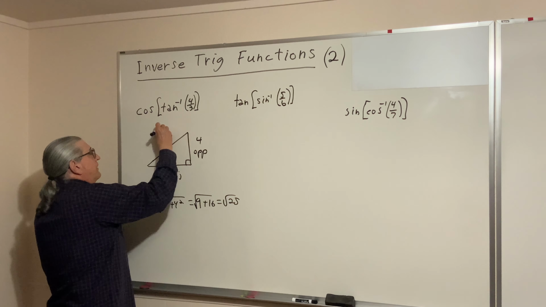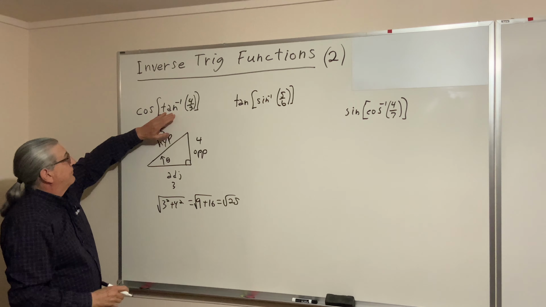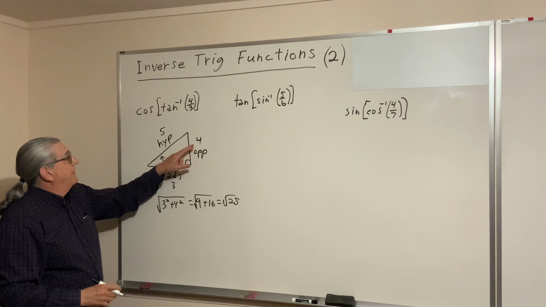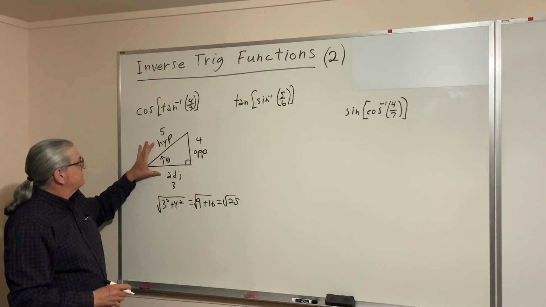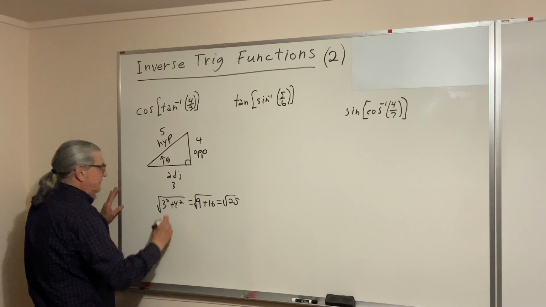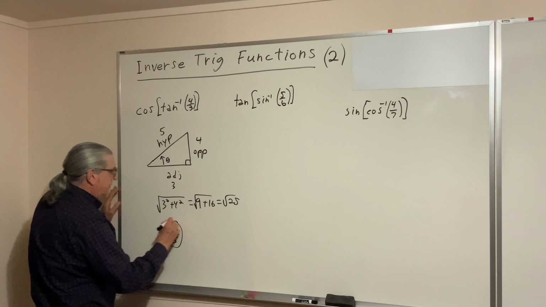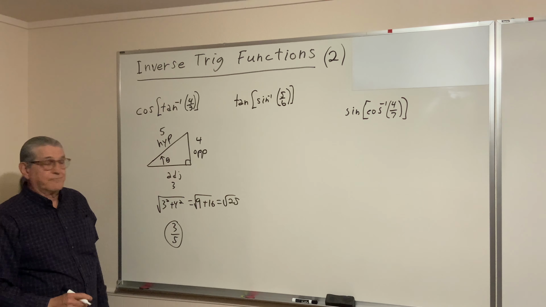So this is 5. So now, the inverse tangent gave us our triangle. Now, from that, we look at the cosine, and the cosine is equal to 3 over 5. The cosine is this one over this.